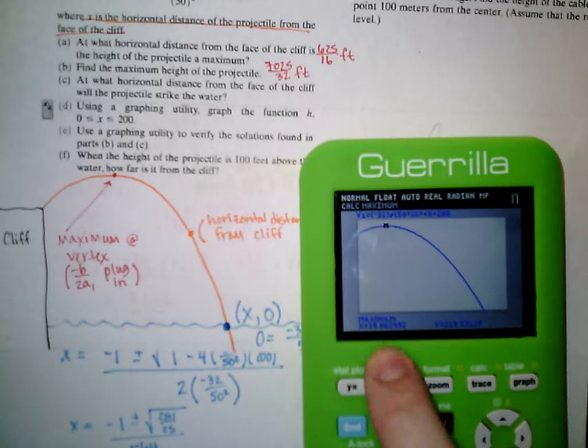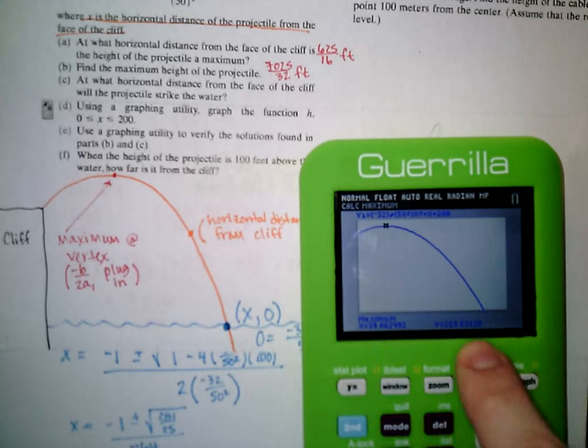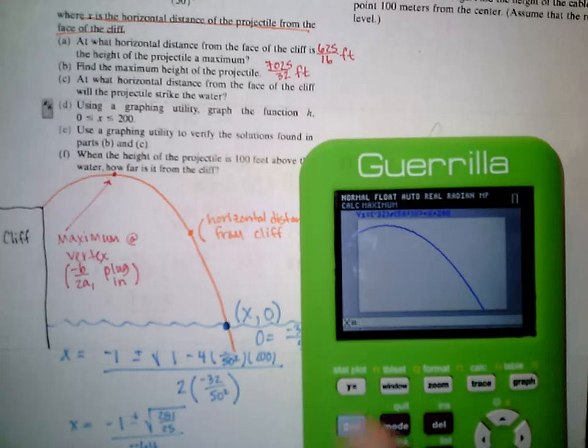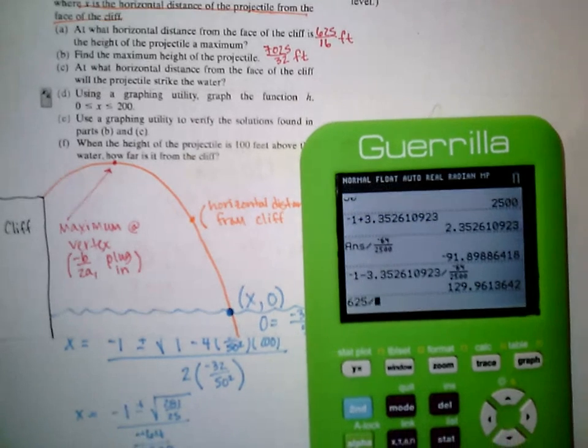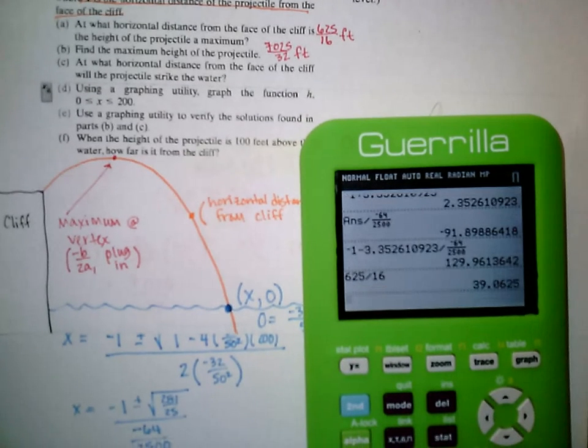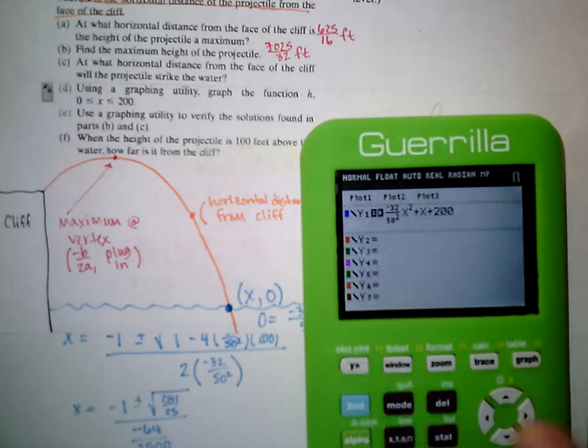That says 39.06 to 19.53. So hopefully 625 over 16 gives me that 39.06. Let's try 625 over 16. Yes.